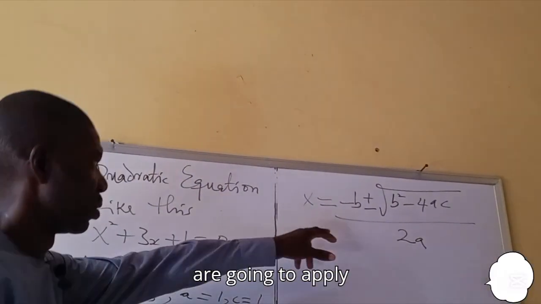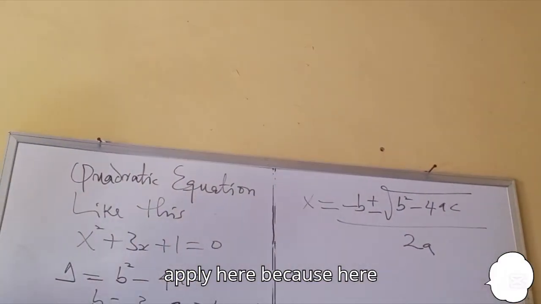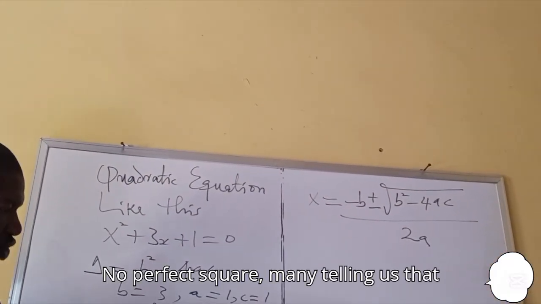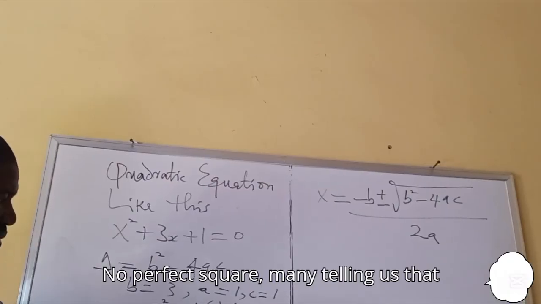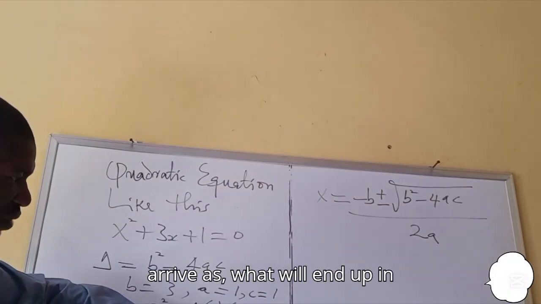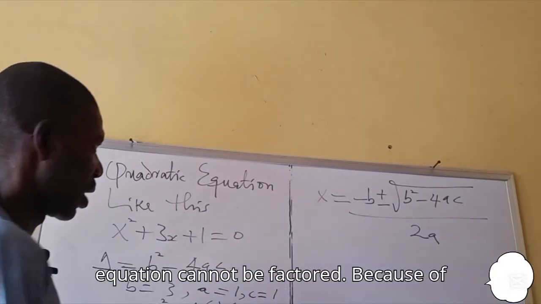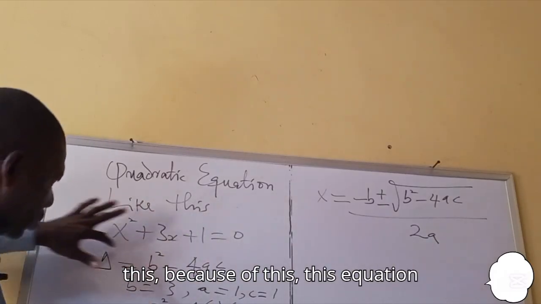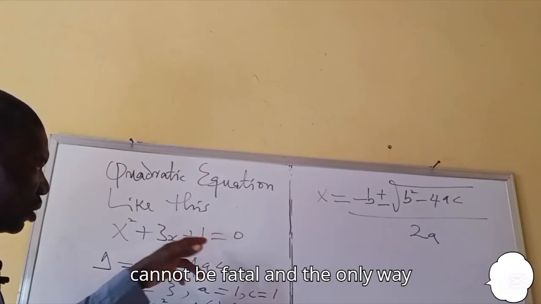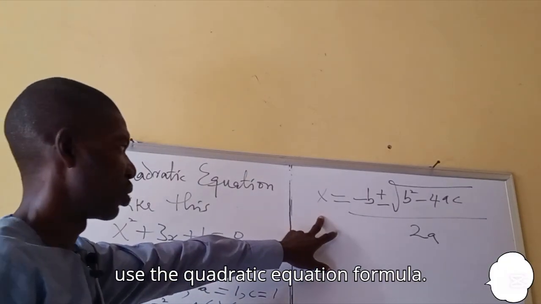We apply this because we already got a non-perfect square, meaning our roots will end up in a square root. That is why this equation cannot be factored, and the only way to get our roots is to use the quadratic equation formula.